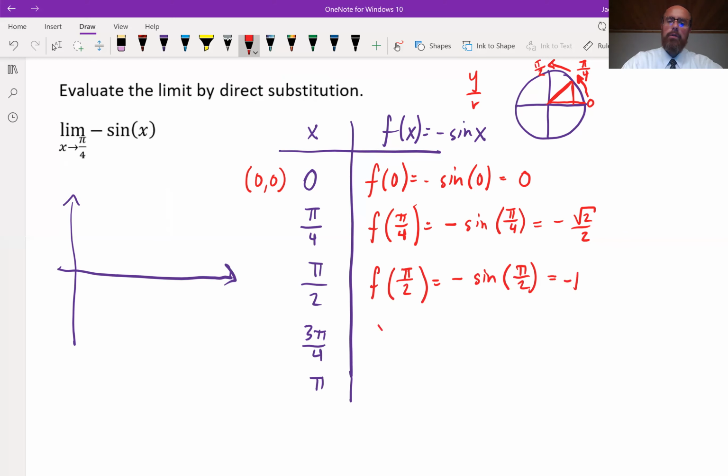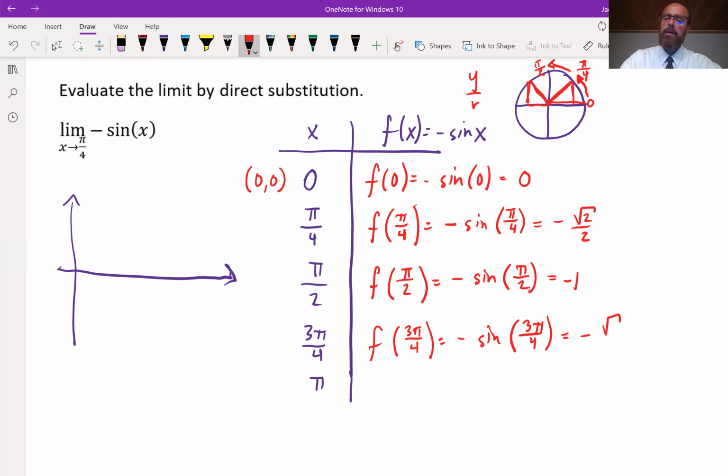Okay, so moving along the unit circle, f at 3 pi over 4 is negative sine of 3 pi over 4, which is, again, we're here at the 45. So still it's the same value because we're above the x-axis. So the y part there of that 45, 45, 90 triangle is still square root of 2 over 2.